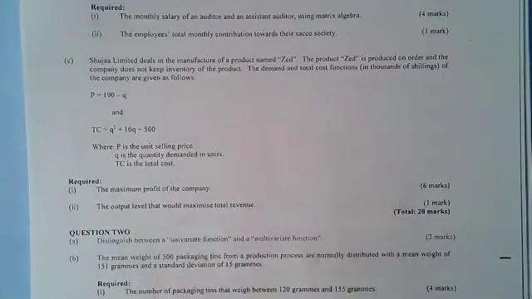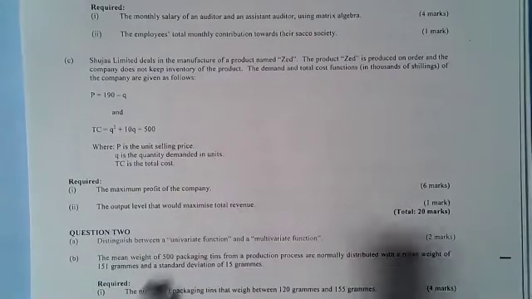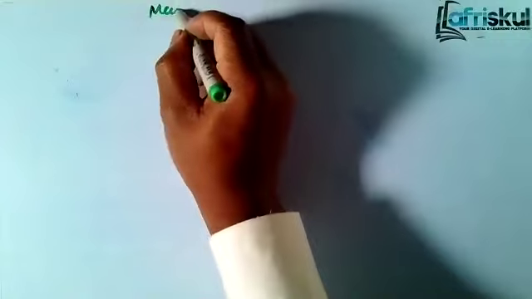So you have the price function there, and TC there, that's the total cost, where P is the unit selling price, Q is the quantity demanded in units, and TC is the total cost. Required: the maximum profit of the company. The moment you see the maximum, they say the maximum profit of the company.